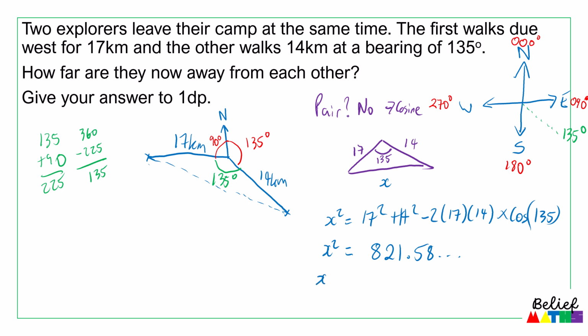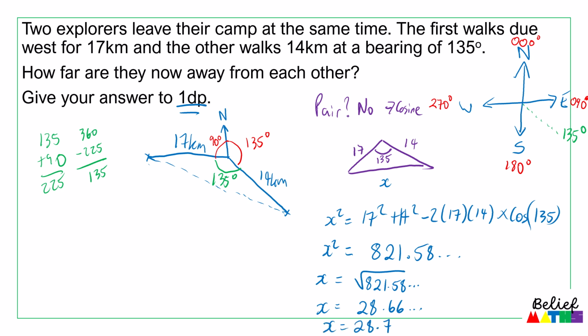Again, we can find the square root of our answer. So 821.58, etc. tells us that x is equal to 28.66. Finally, we check our answer to one decimal place, which gives us x equals 28.7.